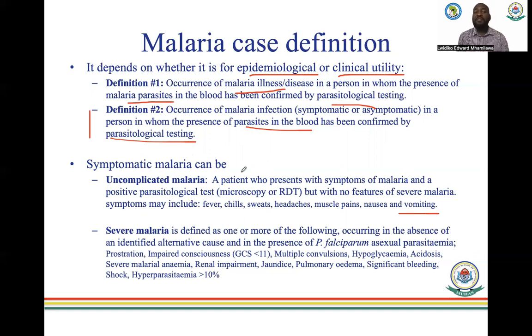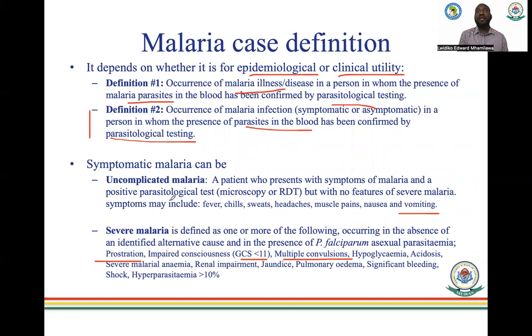Severe malaria would have features of uncomplicated malaria, but in addition, would have additional symptoms such as impaired consciousness, which for adults is a Glasgow coma scale of less than 11, and for Blantyre coma scale, less than 8. A person will have prostration, being too tired all the time, and multiple convulsions, more than 2 convulsions within 24 hours. This is important because when you're talking about severe malaria or malaria generally in children, especially under the age of 5, they tend to also have febrile convulsions.